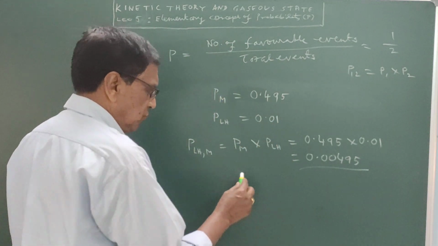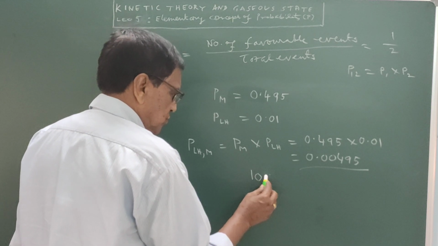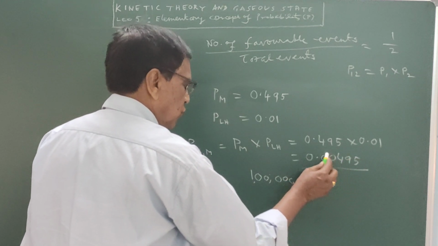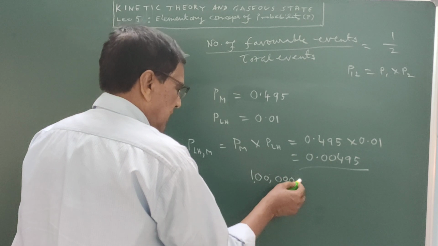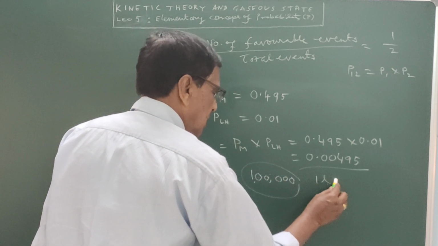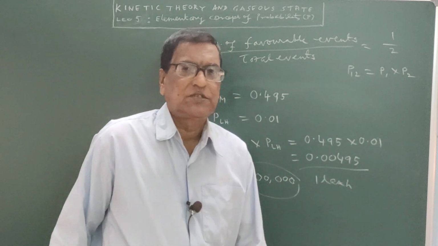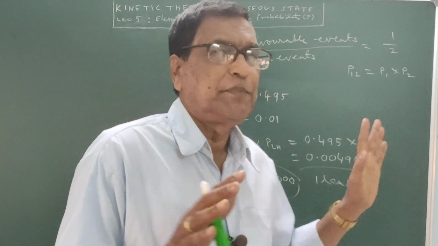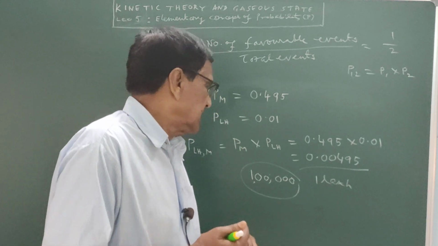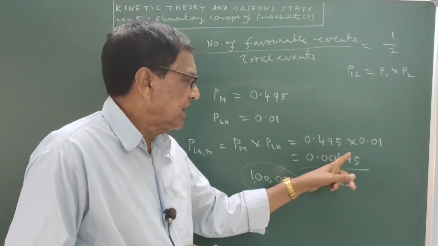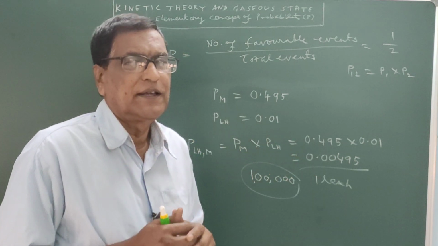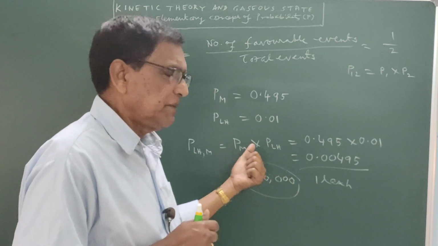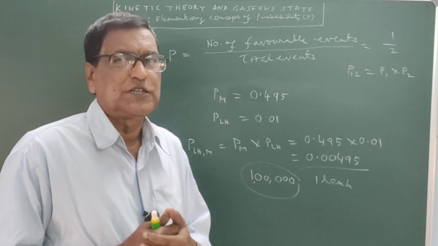It means that if you randomly select 1 lakh people, then only 495 people will be left-handed males. That means it is the multiplicative property. These are the individual probabilities. This is the composite probability.